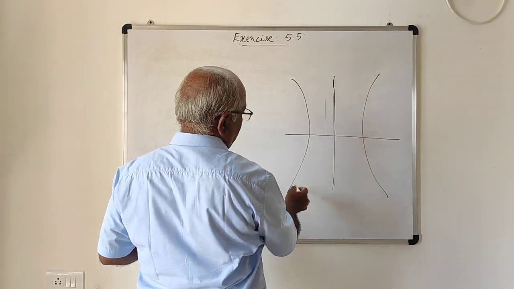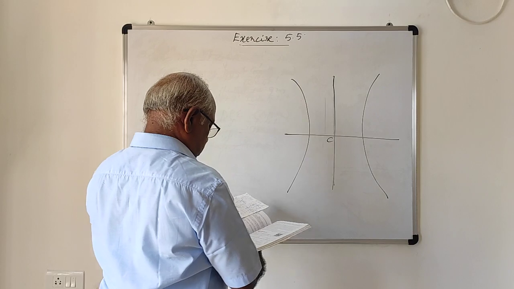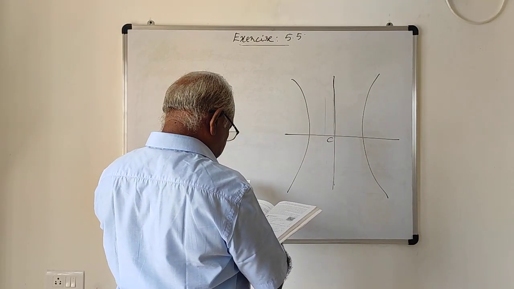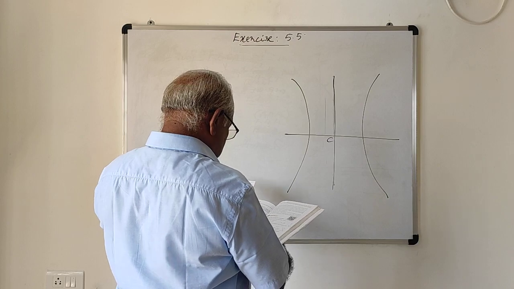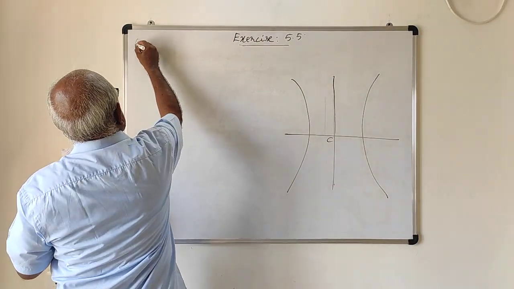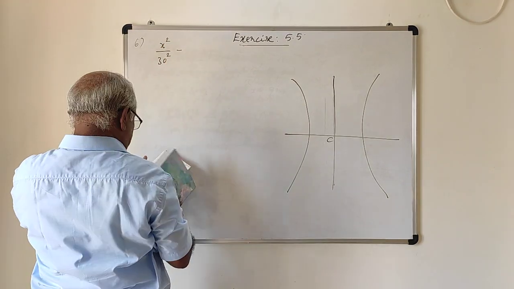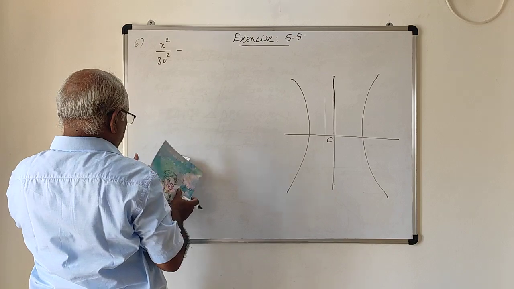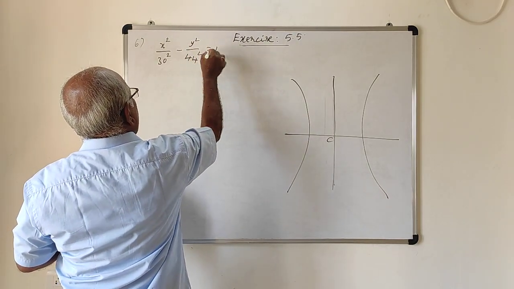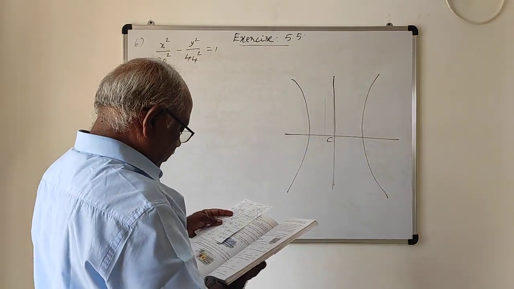This is the center of the axis. The equation of the hyperbola is x square by 30 square minus y square by 44 square equal to 1. This is the equation of the hyperbola of this nuclear tower.